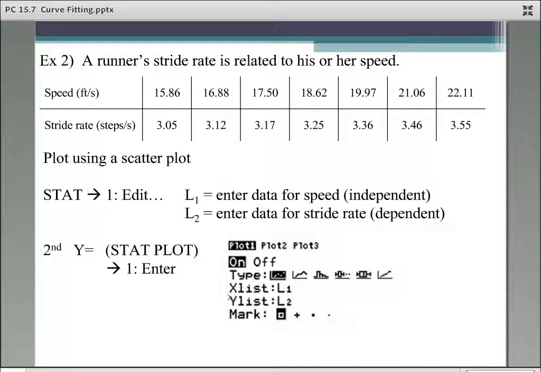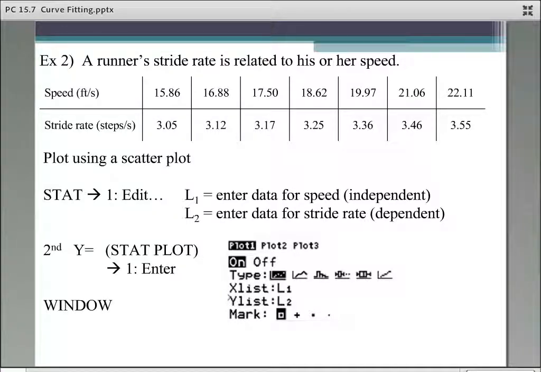You want it to show on. You want the first type to be highlighted. Under X list, you want L1, and Y list should show L2. And the mark I want is the little square. I have the newer calculator, so it also lets me choose a color. I'm just leaving it blue.